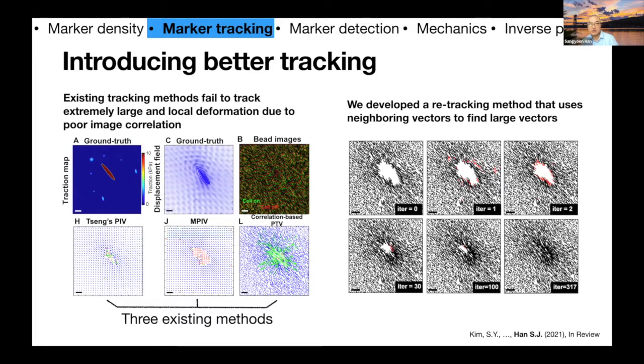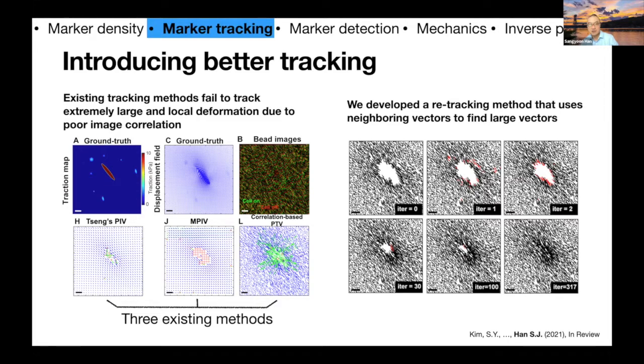But just to show the progress, we start from the confidently measured displacement field first, and then we try to fill in what was missing, with some cross correlation and comparison with the neighboring vectors involved.